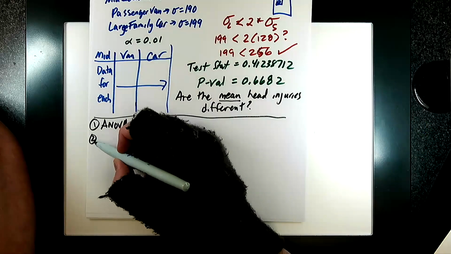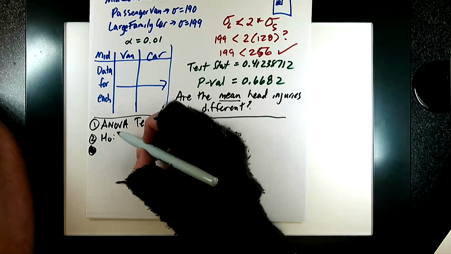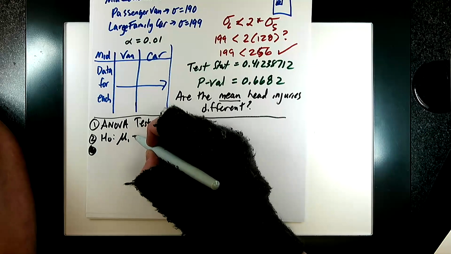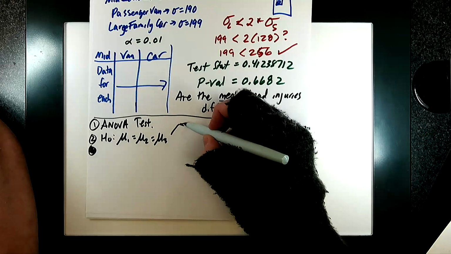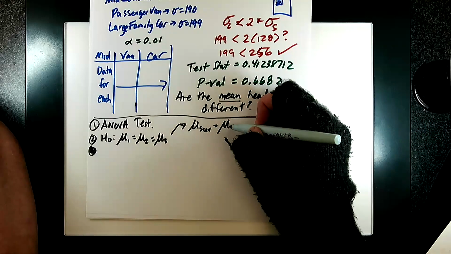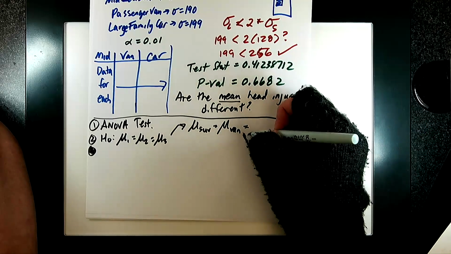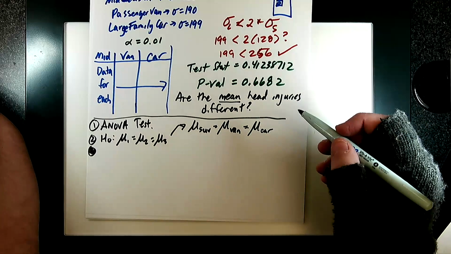Step 2 is H naught and HA. H naught, there's 3 groups here, so mu1 equals mu2 equals mu3. If you feel like saying mu SUV equals mu van equals mu car, that's more descriptive. I like that, but you don't have to.